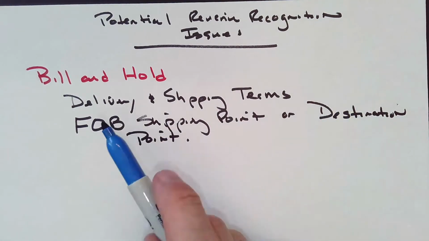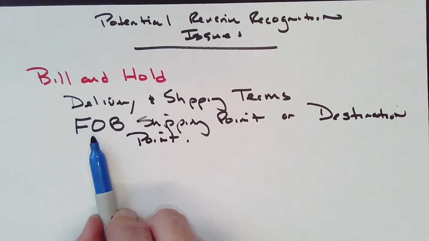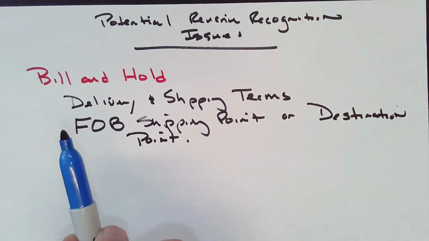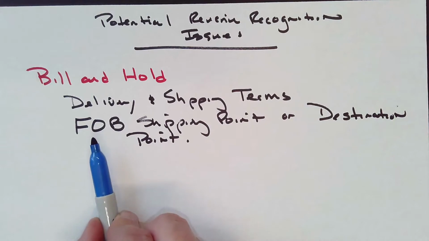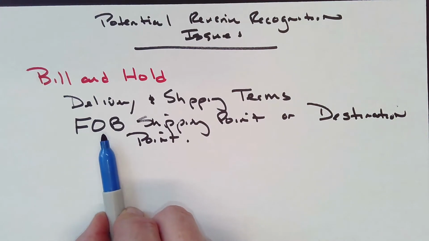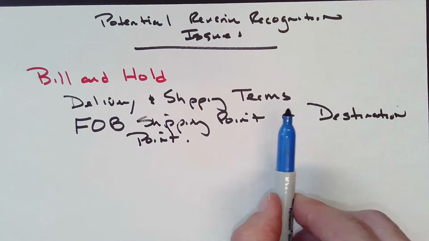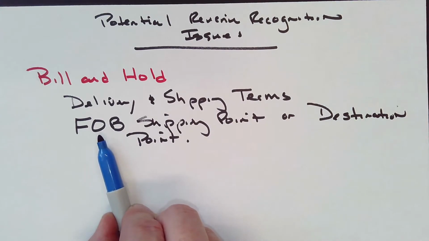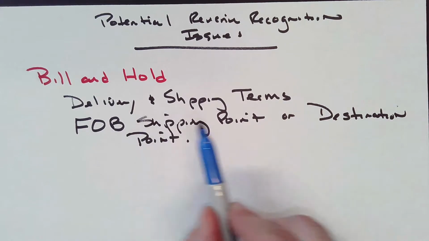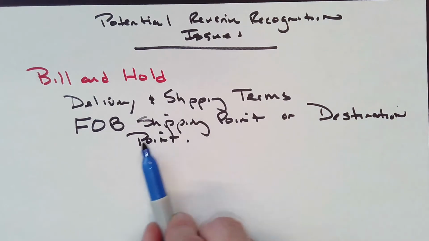Basically, the shipping point is where your organization, the seller, no longer has an insurable risk. The risk now sits with the customer. If it's destination point, then the risk stays with the seller until it reaches the customer's destination point. So we have to look at these terms.